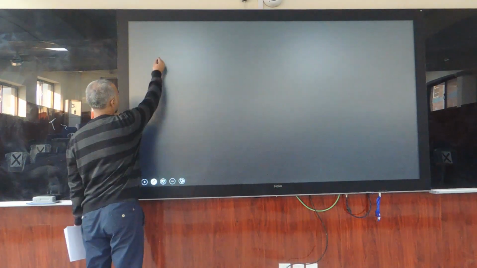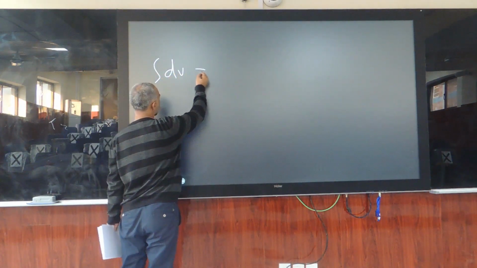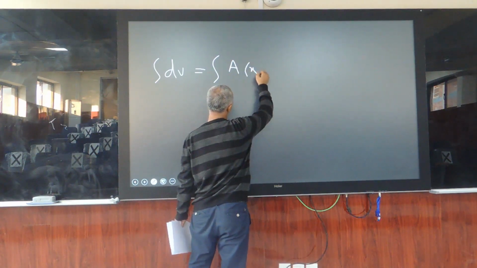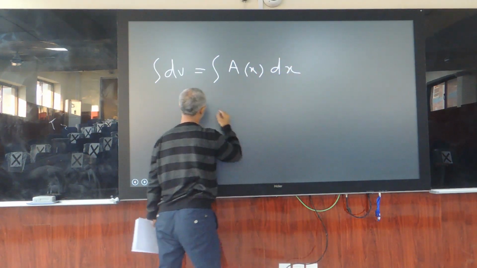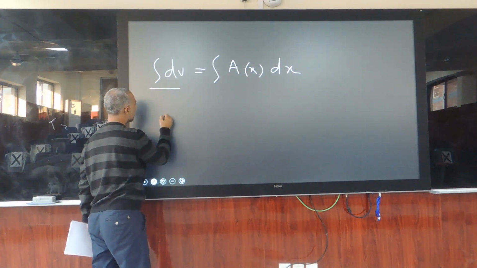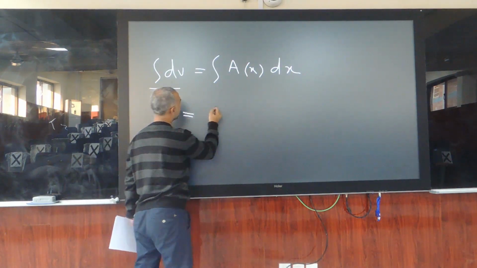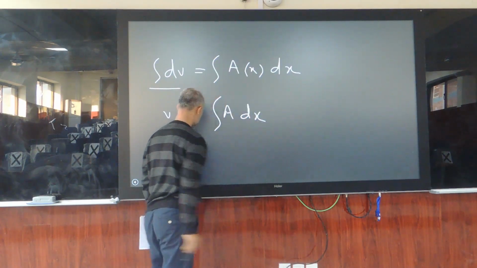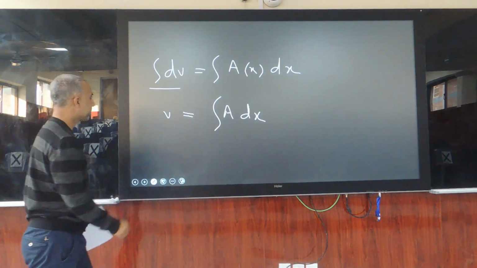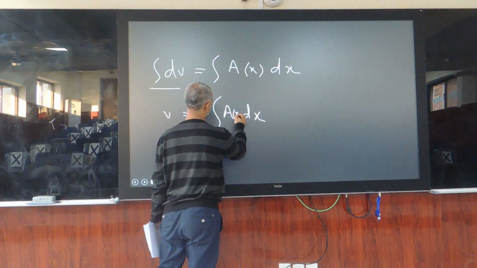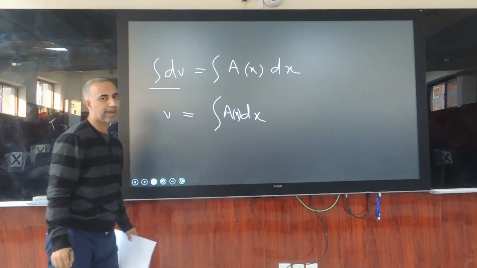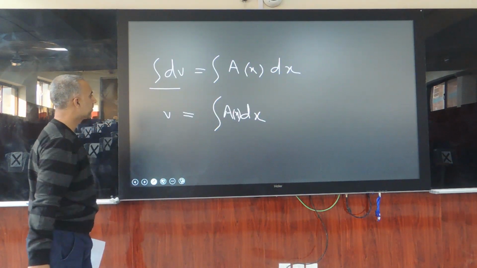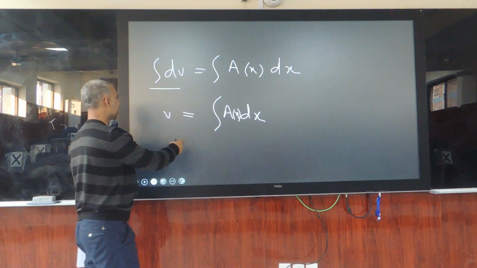Then we will have the integral, and of course it will equal to, because area is a function of x. Remember, here area is not a constant thing, it's a function of x, so we will consider it inside the integral.